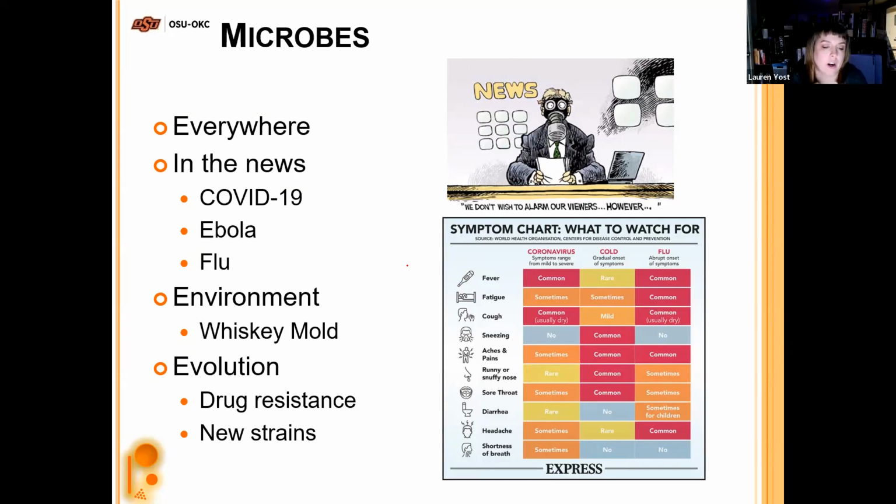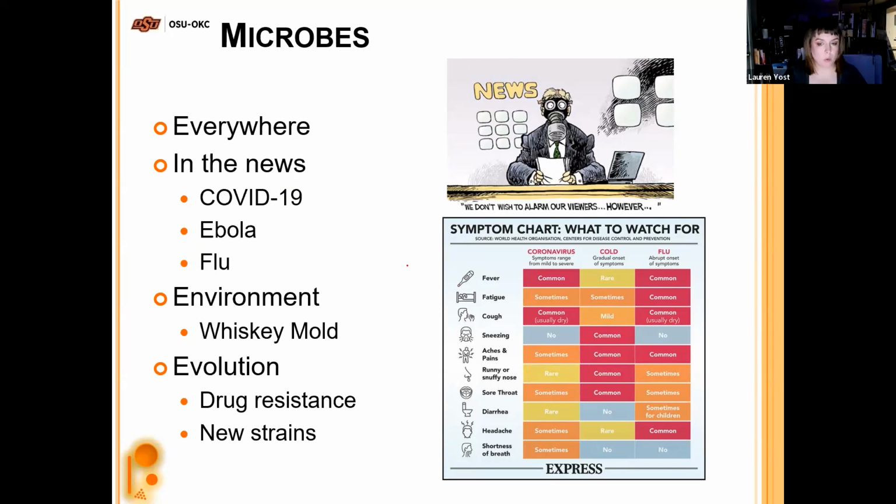We know about them in the environment, too. There's a little bit of talk of whiskey mold as far as Jack Daniels. Recently, I was talking with Dr. Rhodes about this. Jack Daniels, and their plant in Tennessee, were letting their whiskey sit in their barrels. And there's what they call the angel's share, right? It's the part of the alcohol that evaporates out of the barrels. And anyways, there's a mold that likes this situation and it grows in that area.